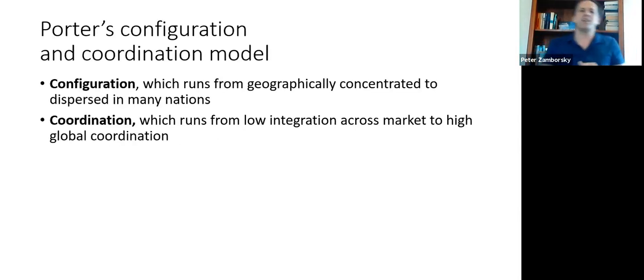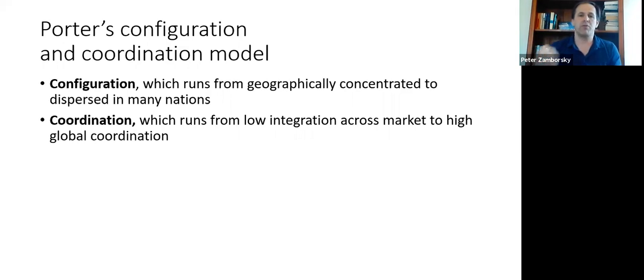Now, in the international arena, there's the model of Porter's configuration and coordination. These 2 concepts could be disentangled and defined as configuration. It looks whether you have your operations and your business geographically concentrated, or dispersed in many nations.